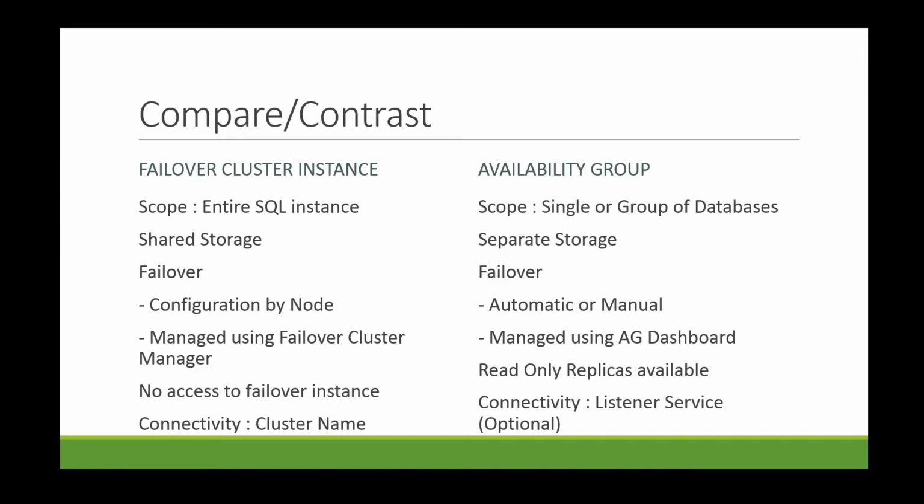If for whatever reason it cannot fail over to node 3, then we'll let it fail over to node 2. I might be running with a little more limited resources, but it still has that option. And I configure that when I set up my cluster. Okay. This is all managed using the Failover Cluster Manager, which is a Windows utility.